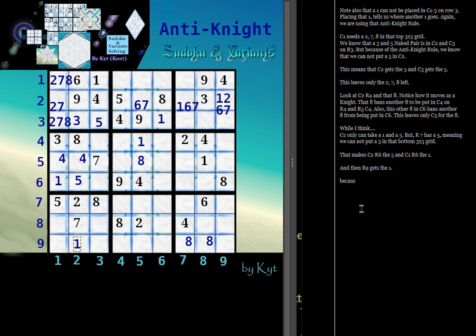Now because of the 2, 7, 8 on top of column 1, we can only put the 6 and 9 in the bottom 3 by 3 grid in column 1.